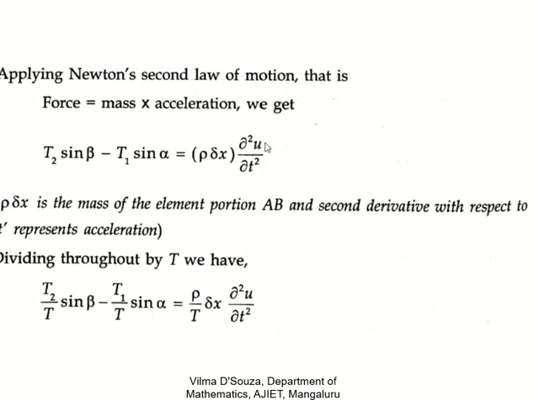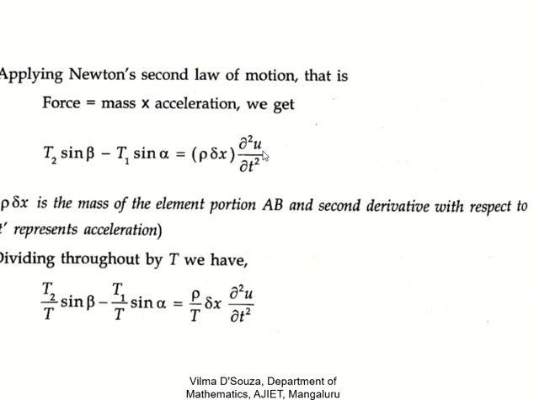What is u now? U is the displacement of the string, and it depends on x and t. I mean to say u is a function of x and t, distance as well as time. So u is a function of two variables, so you are going for partial derivative. You know what acceleration is, right? If u is a function of t alone, then du by dt is the velocity, and d square u by dt square is your acceleration.